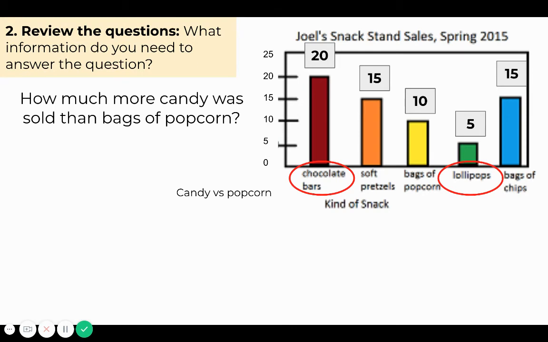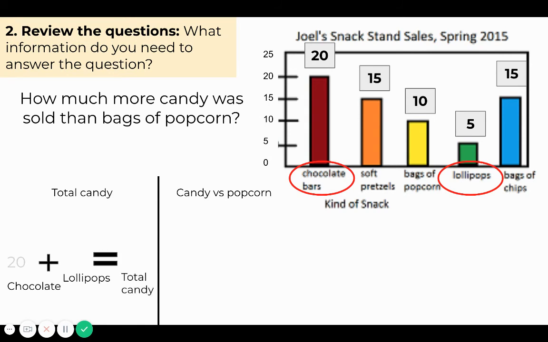So before I solve and compare candy versus popcorn, I have to find the total candy that was sold by adding the chocolate sold to the lollipop sold. There was 20 chocolate bars sold and 5 lollipops sold, so 25 pieces of candy were sold in all.